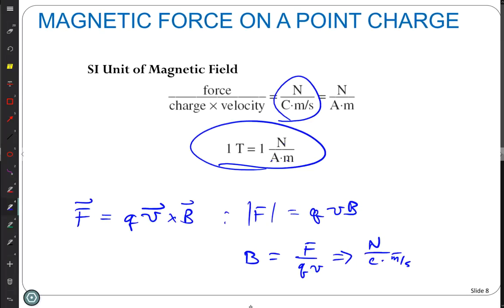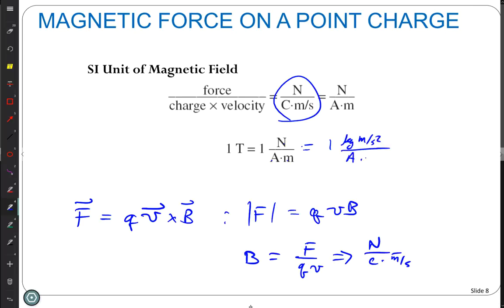So I can extend this to get base units. 1 kilogram meter per second squared over amp times meter equals 1 kilogram over amp times second squared. That is the Tesla in base units. Understand? All right.